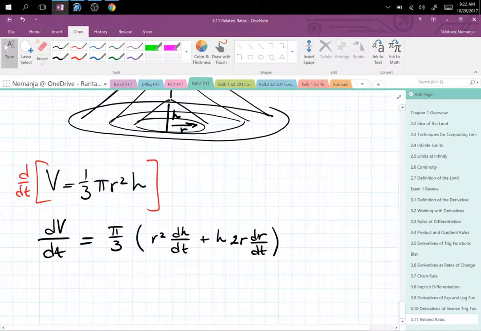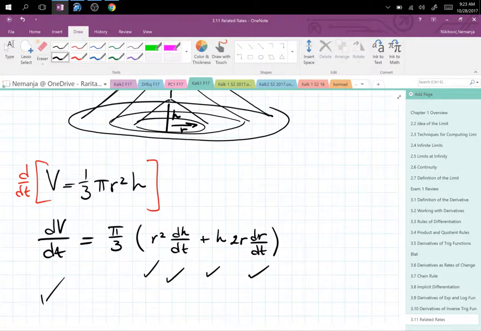So now you have all of those concepts. And how many unknown values do you have now? The answer is 5. dV/dt is one of the unknowns, radius, dh/dt, h, and dr/dt. There are 5 unknowns, which means that you better be given 4, or means to find whatever is missing, and then the 5th one can be calculated.